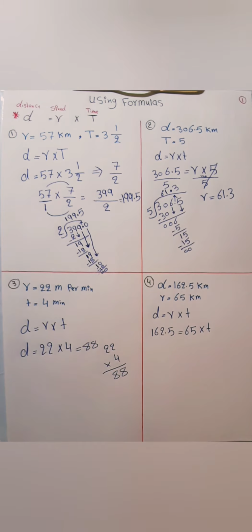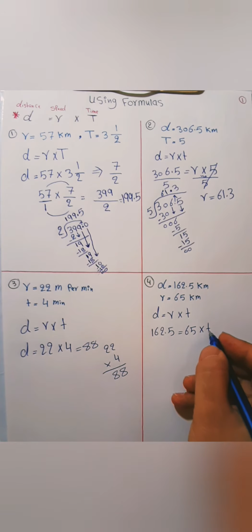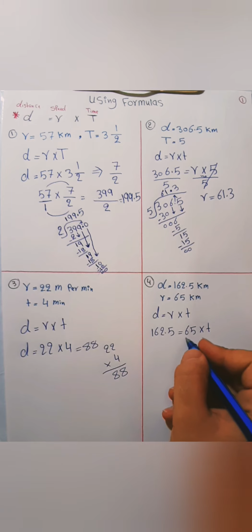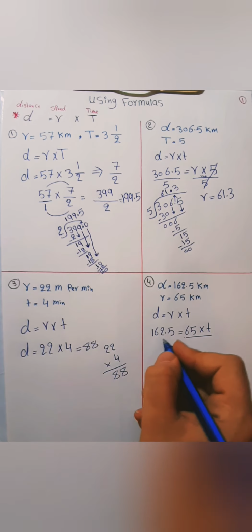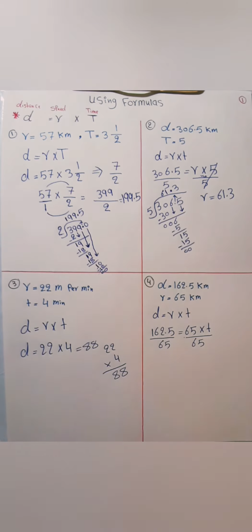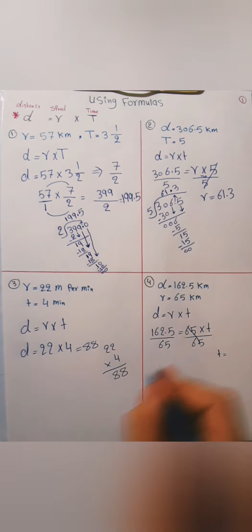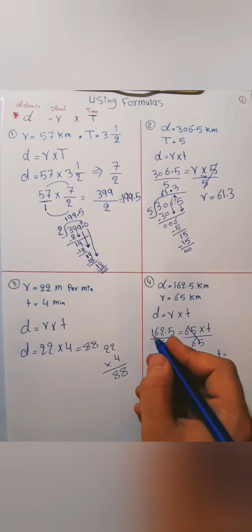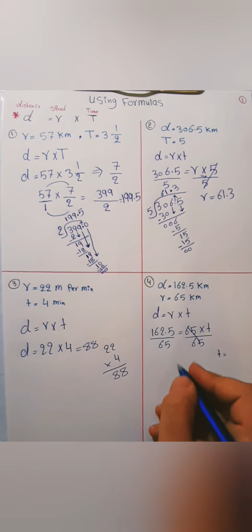Now we have this equation, and we have multiplication between this variable and number. We have to divide both sides by 65. These two 65s reduce, become 1, and t stays. We have to divide 162.5 by 65.